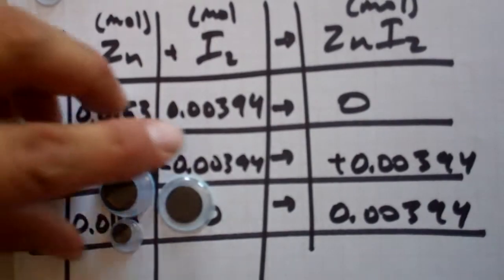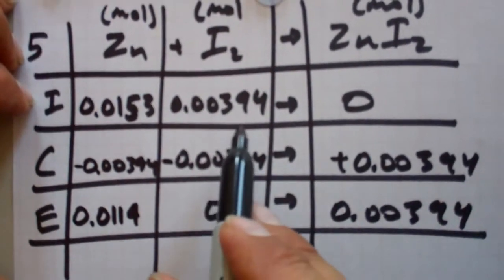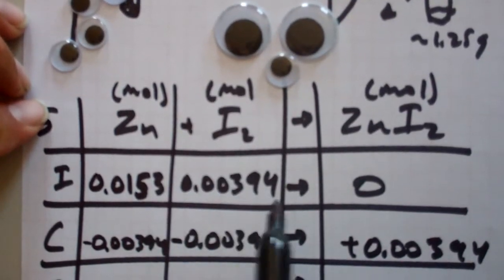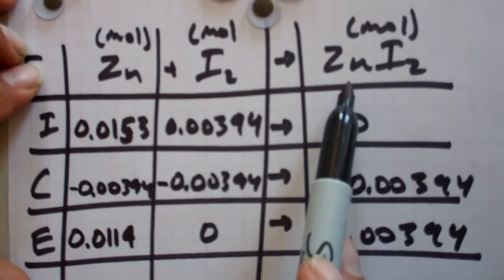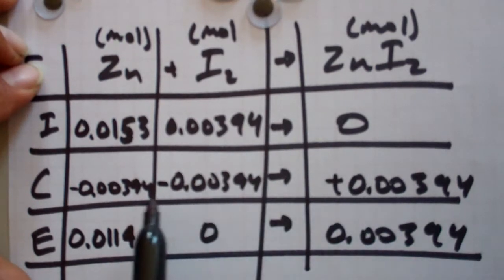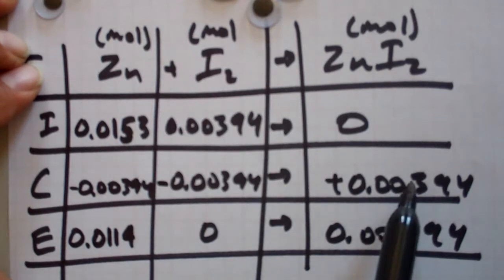So really what that tells us is that the limiting reactant is iodine. We figured it out through the molar masses, how many of the particles we had. And it's the one that runs out first, so it dictates how much product we have. It's a 1-to-1-to-1 ratio, so for every 1 of these that reacts with 1 of those, it gives you 1 of these, or 0.00394 reacts with 0.00394 and gives you 0.00394.